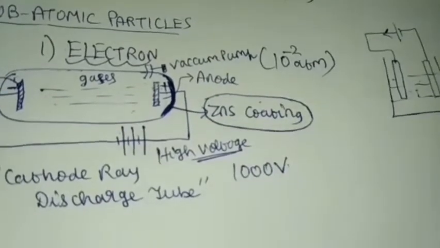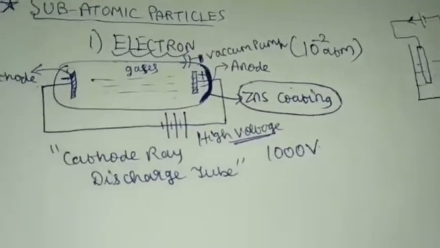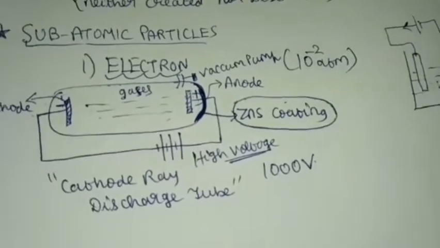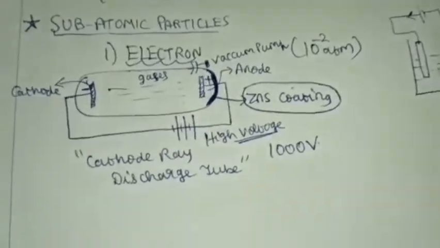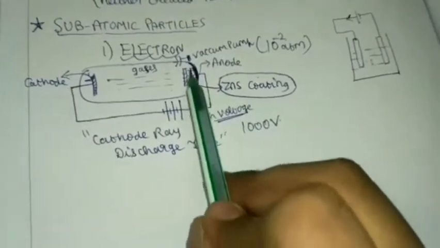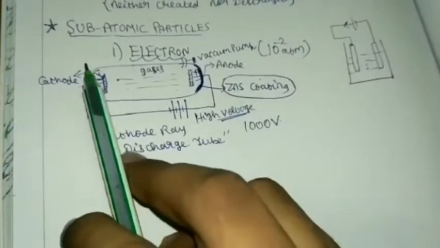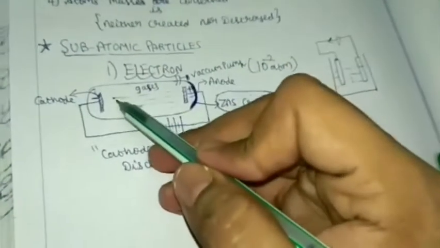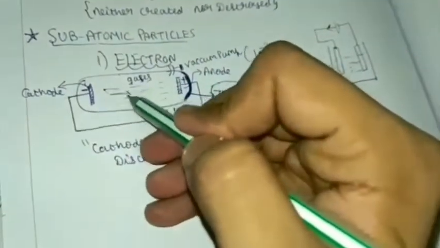You can say the material is phosphorescent. That is a technical term given to it. Why was it done so? To detect the presence of some rays. This is why zinc sulfide was coated, so as to detect the presence of some rays in the tube chamber.